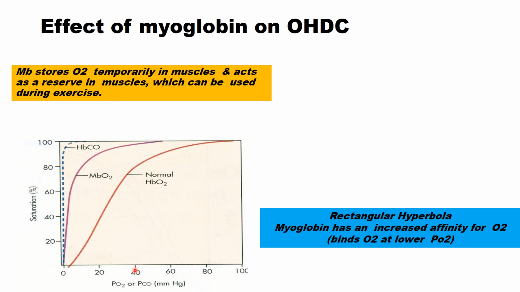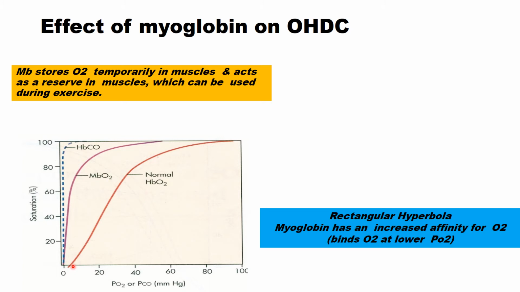When we compare it with the hemoglobin curve, you can see at a partial pressure of 40, the oxygen saturation of hemoglobin is 75%, whereas at the partial pressure of 40, for myoglobin it is approximately 95% saturated.